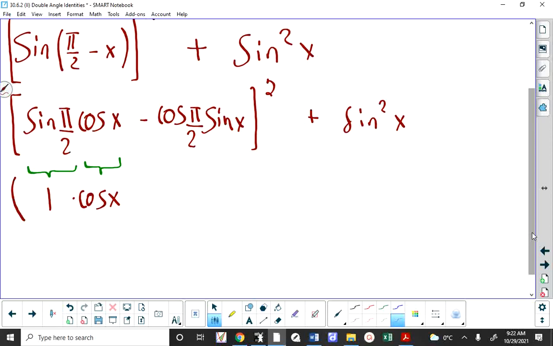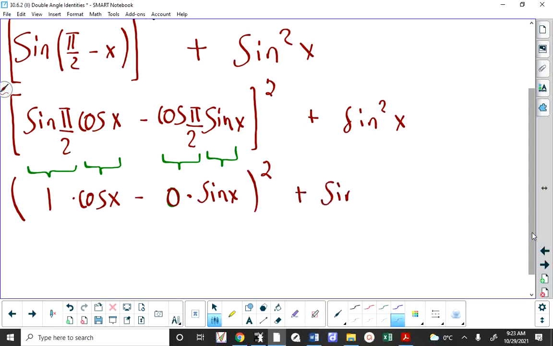Minus cos of pi over 2 is 0 multiplied by sine of x. So what is in brackets there works out to be just cosine of x, because 0 times sine of x is 0, so you're left with cosine of x in brackets.